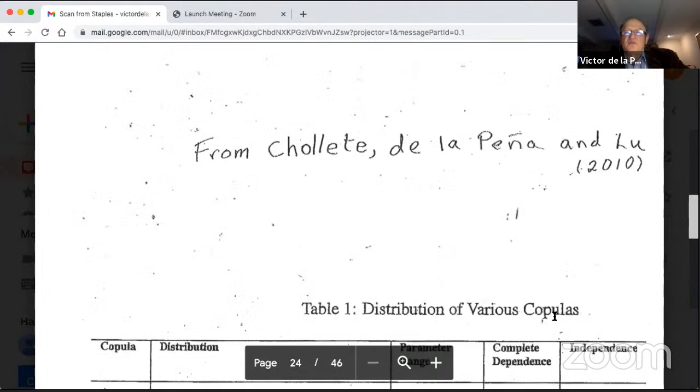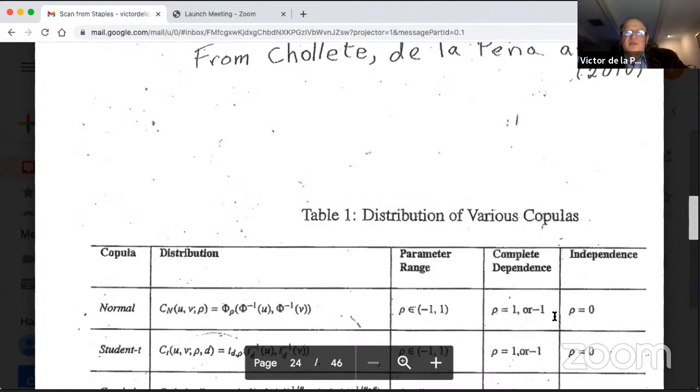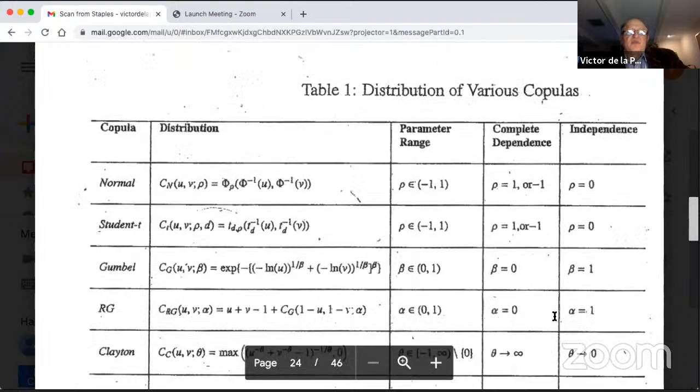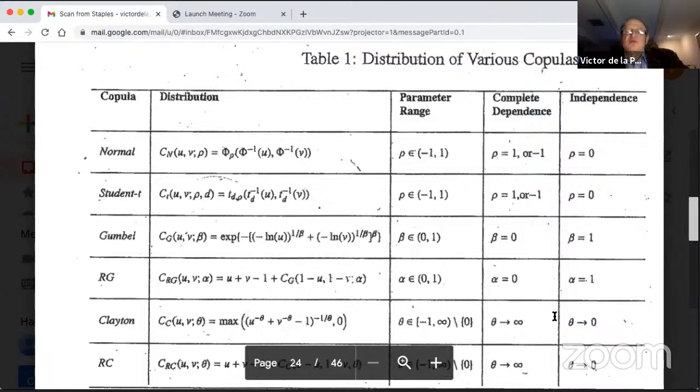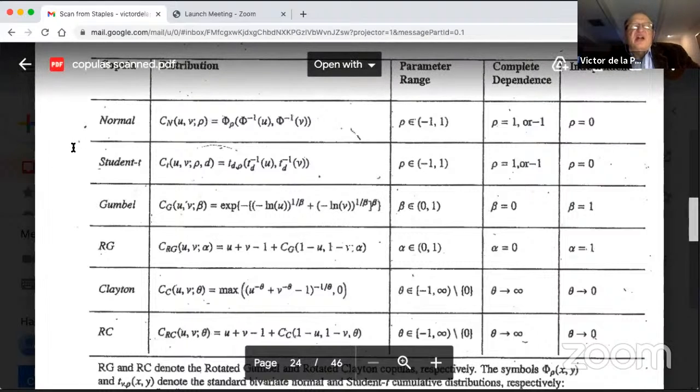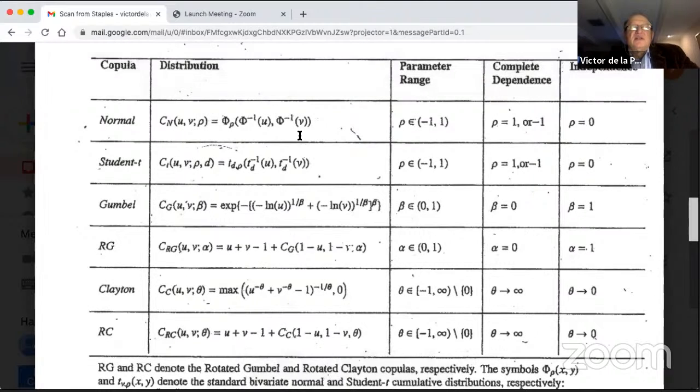So now let's continue. Those are examples of copulas. Now, from my paper, the paper that I presented before, I'm going to show you copulas with their names. There's the normal copula, or the Gaussian copula, and this is how you obtain it: the joint distribution of normals evaluated at the inverse of the marginals.